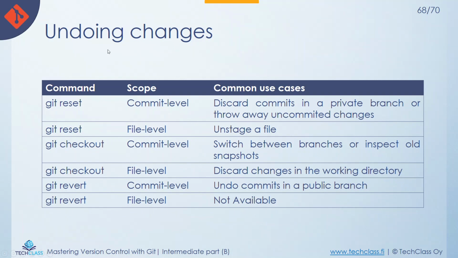As a comparison of the commands that we can use to undo changes, we have git reset for commit level and git reset for file level, git checkout for commit level and checkout for file level, and the same applies to revert, with commit level and file level.